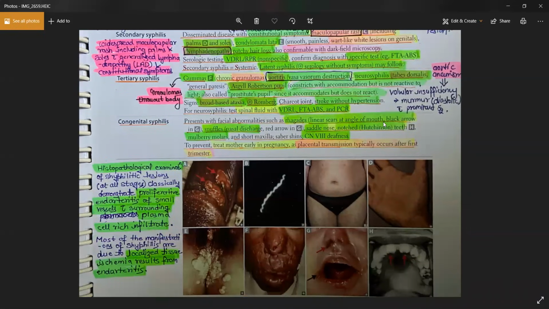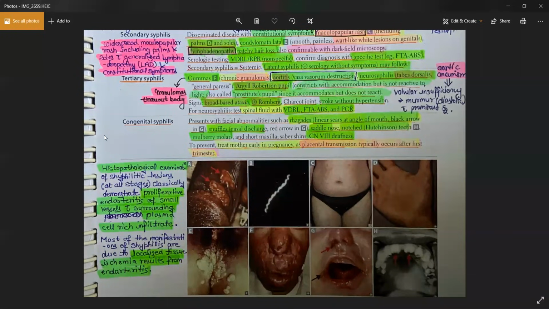Okay, and then comes the congenital syphilis, and you need to know that the transfer of syphilis through the placenta occurs in very early pregnancy. So you need to treat the mother as soon as possible. Very important. The placental transmission of syphilis occurs in the first trimester, a very early stage of the pregnancy, and that's why you need to treat the mother as soon as possible.